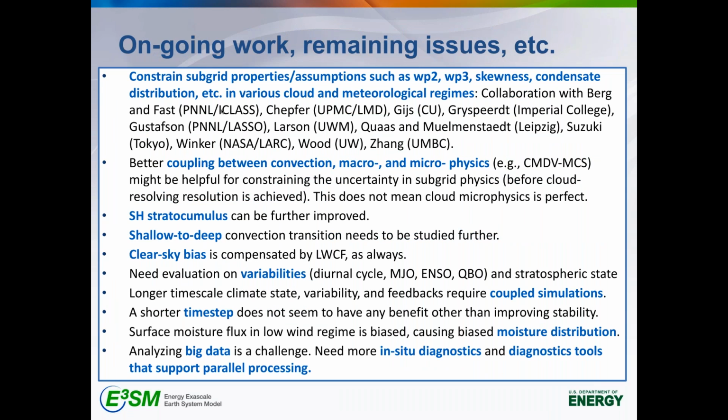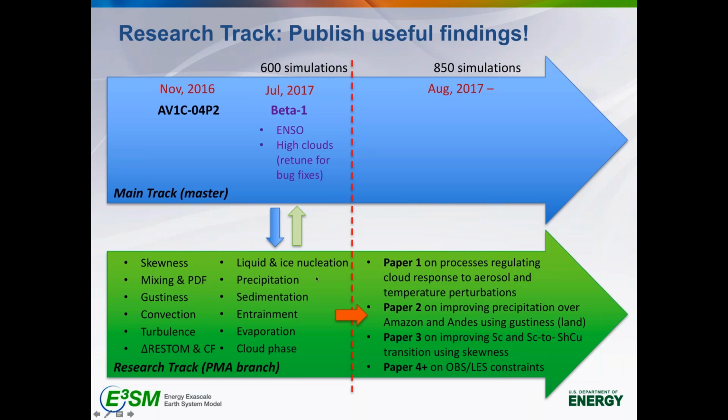Lastly, there is some ongoing work: these are the people who have offered their observations or LES results for me to use to evaluate our model, and some work being done in CMDV-MCS to explore better coupling, and there are some other issues as well. I'm not going to read it.